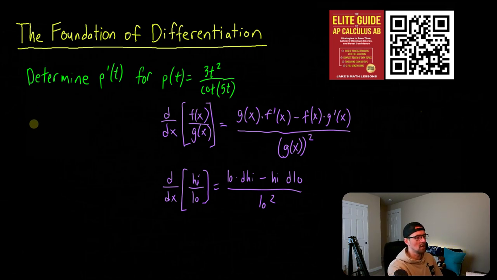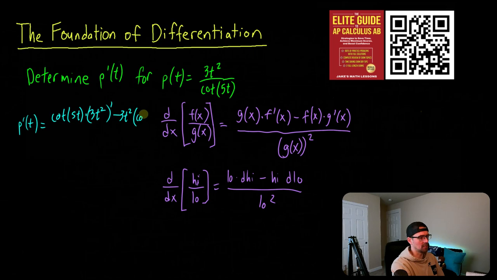So we'll just say low d high. Low is going to be the bottom of our fraction. So p prime of t is going to be low d high, so cotangent of 5t times the derivative of 3t squared, minus high d low, so high is going to be 3t squared times the derivative of cotangent of 5t.